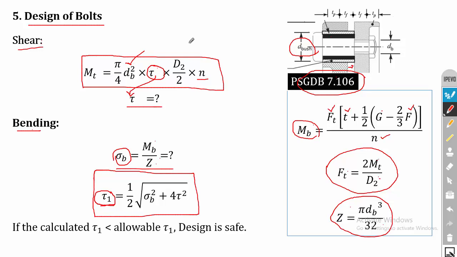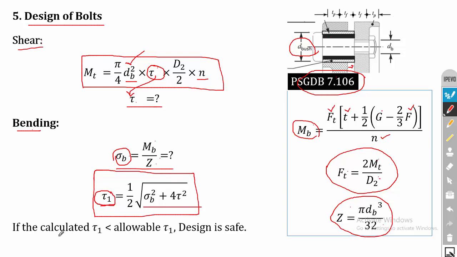Previously in the rigid flange coupling we didn't know the value of the bolt diameter, so that is why we substituted tau and calculated the dB value. But here, from the data book, we have already selected the value of dB, that is the diameter of the bolt, so that we can calculate the tau value and sigma b value, and you can substitute the two stresses in this equation to find the combined shear stress.